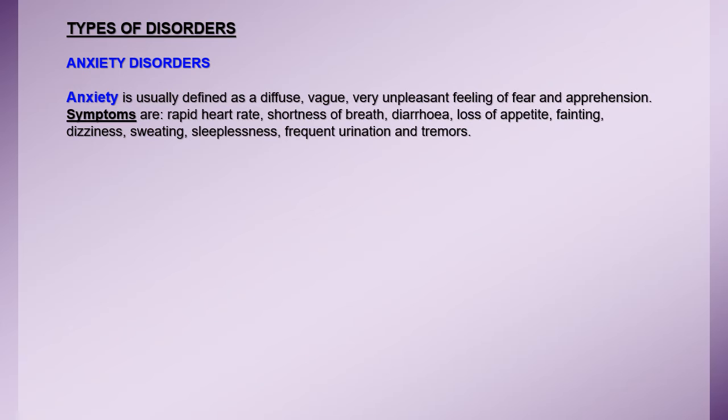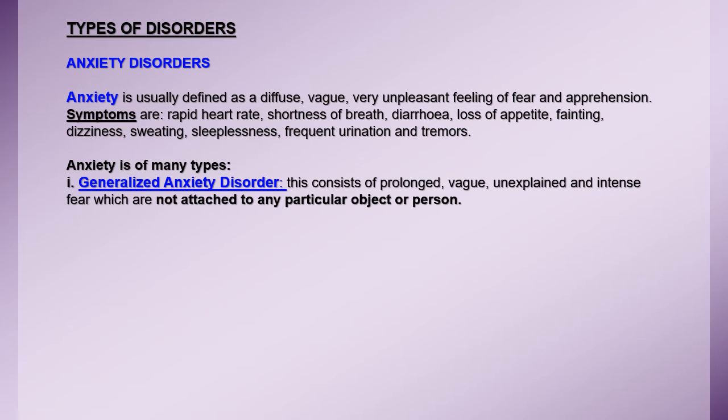Now, there are many types of anxiety disorders. The first one is generalized anxiety disorder. Generalized anxiety disorder consists of prolonged, vague, unexplained, and intense fears that are not attached to any particular object. Unexplained: the person is fearing, the person is worried, but the person cannot explain the reason.